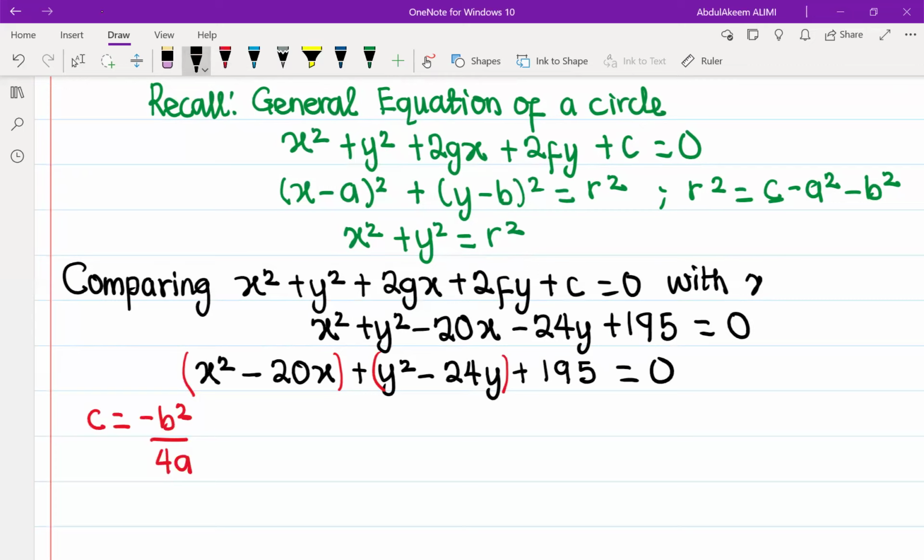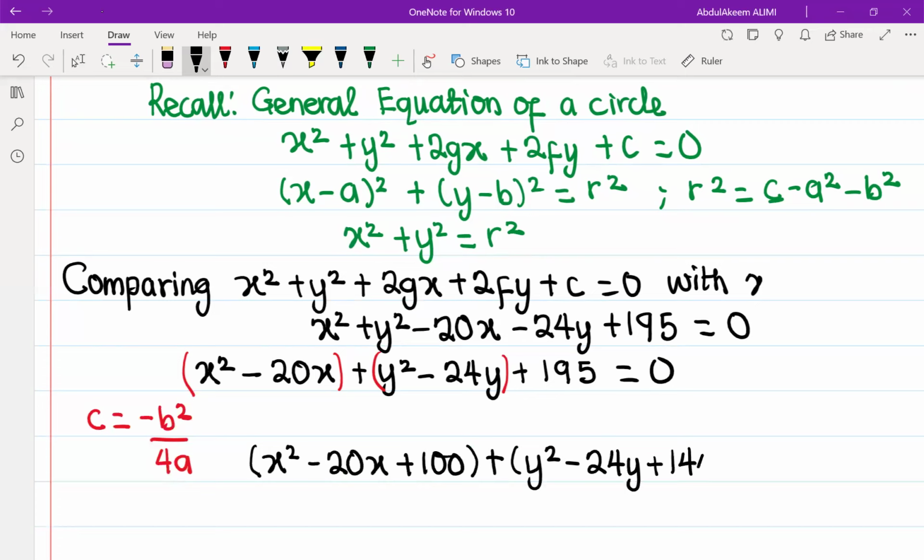So when I apply it for all, I will have x squared minus 20x plus 100, plus y squared minus 24y plus 144, plus 195, minus 100 minus 144 equals 0.